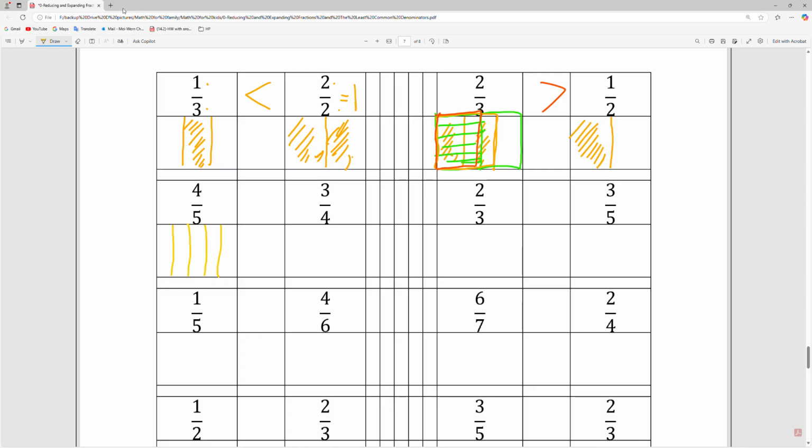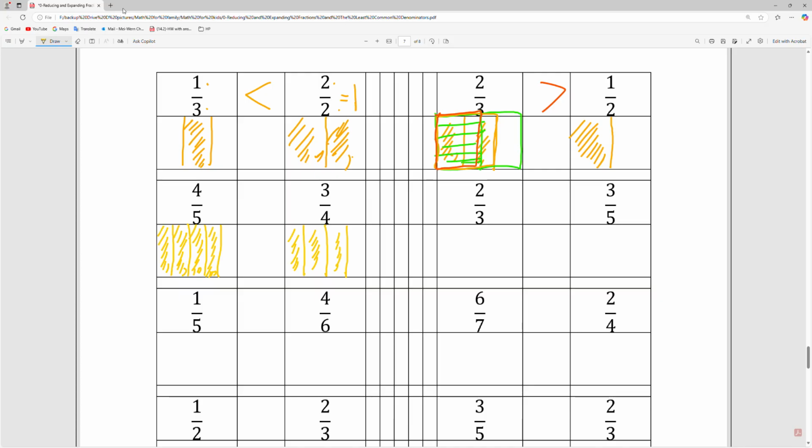And I will shade the 1, 2, 3, 4. And the 3/4 here, right? And I choose 3, 1, 2, 3.